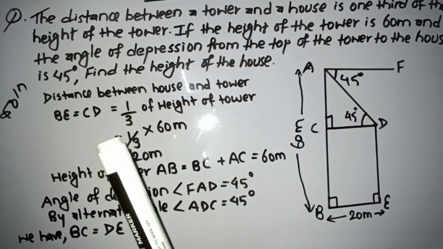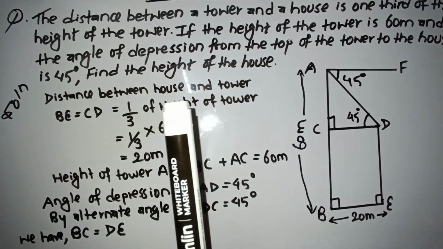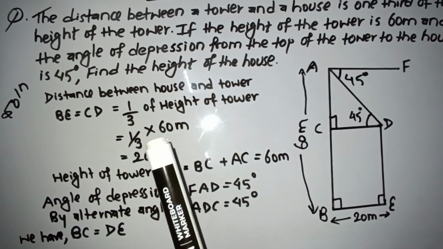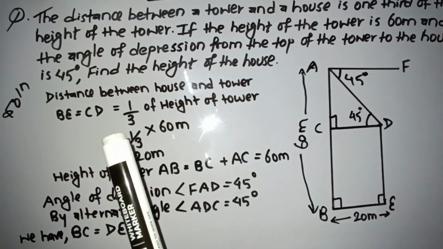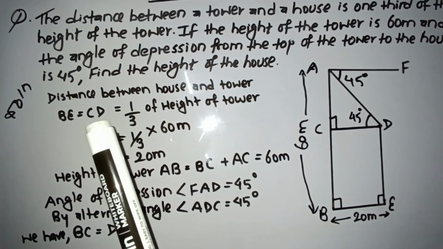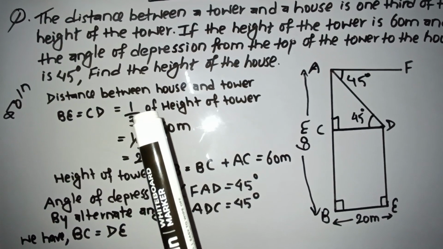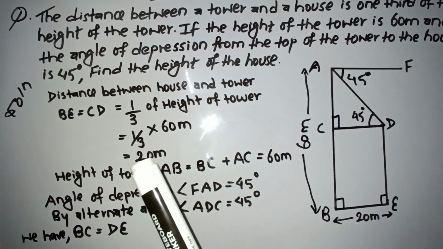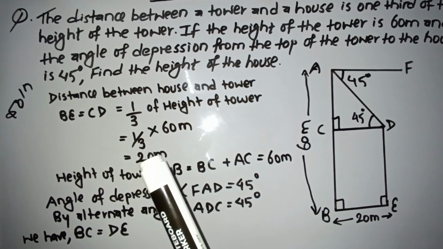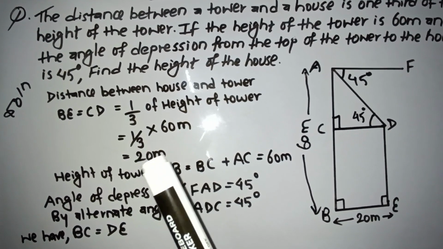In the question, the distance between house and tower is 1/3 of the height of the tower. That is BE is equal to CD is equal to 1/3 of the height of the tower, 1/3 into 60. We have the distance between house and tower is equal to 20 meter.